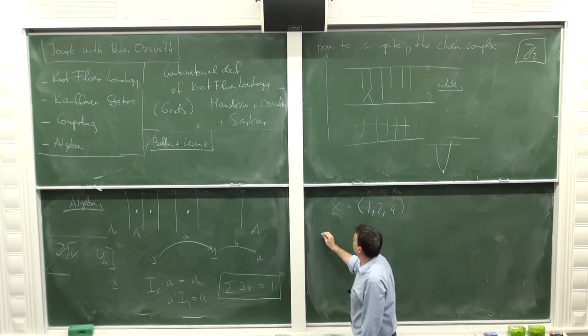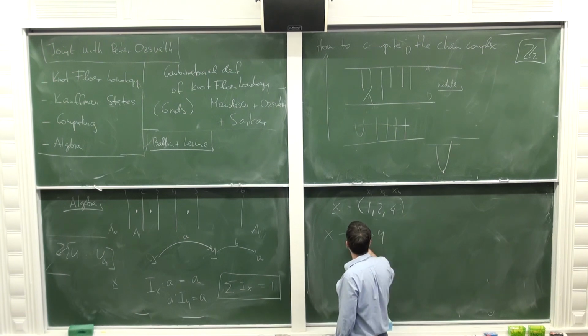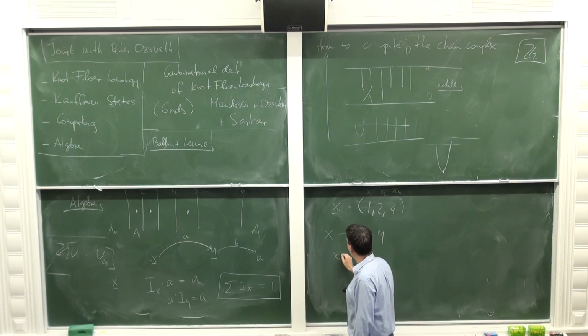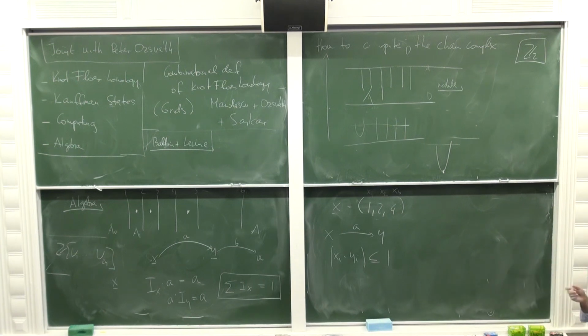One condition is that if A is non-trivial, then xi minus yi is at most 1. So each of these n coordinates can only move at most by 1.